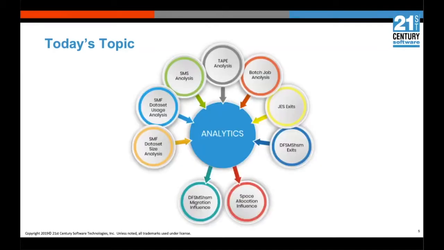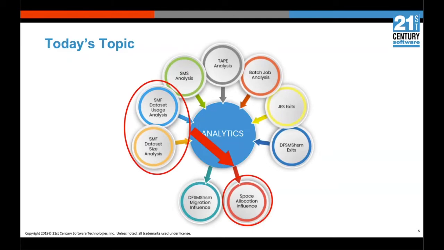So looking at this diagram of the pieces of total storage, the data set allocation space influence part uses these parts of the product. It gathers up SMF data that describes the allocation, usage, and closed state of your data sets. So not when the data set is being created, but after it's been closed, we can observe how much of the data set has been used, how many extents there are, and things like that.